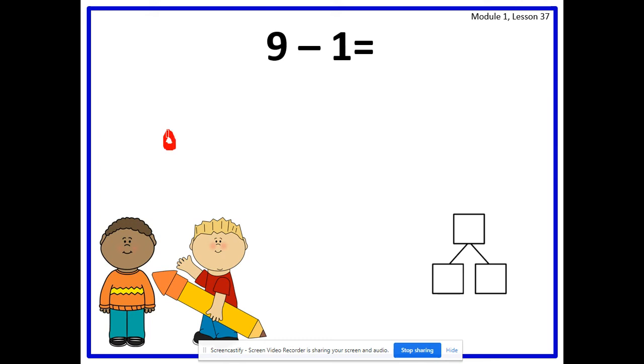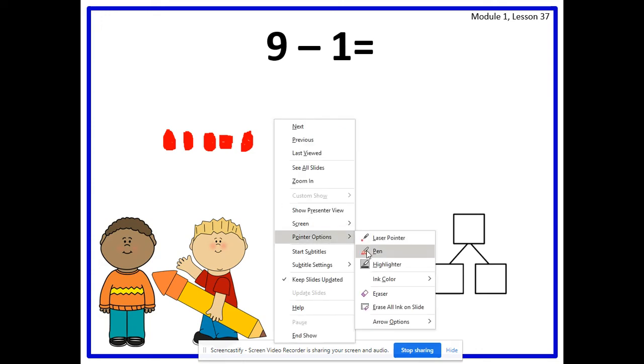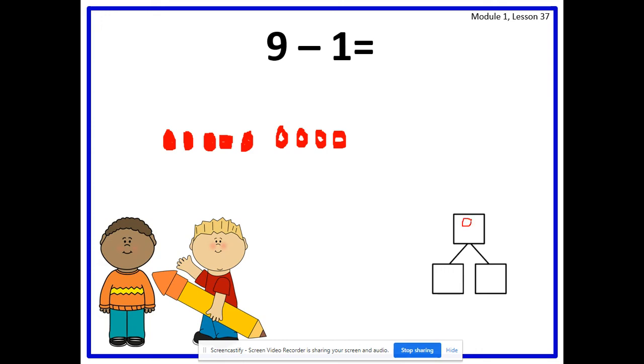So you should have drawn 9 in an organized drawing. So here I have 5 and 4 is 9. Then you should have also written it as your whole number in your number bond.